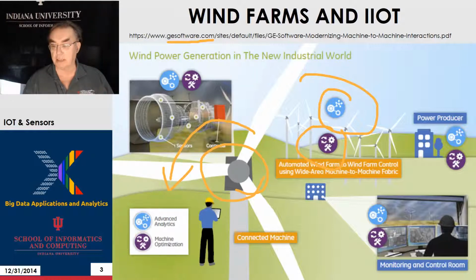Here's our control room, but presumably most of this is computer controlled. So we have here various sensors on the engine and on the vanes, presumably. And this is just one example of the IIoT applied to power generation.